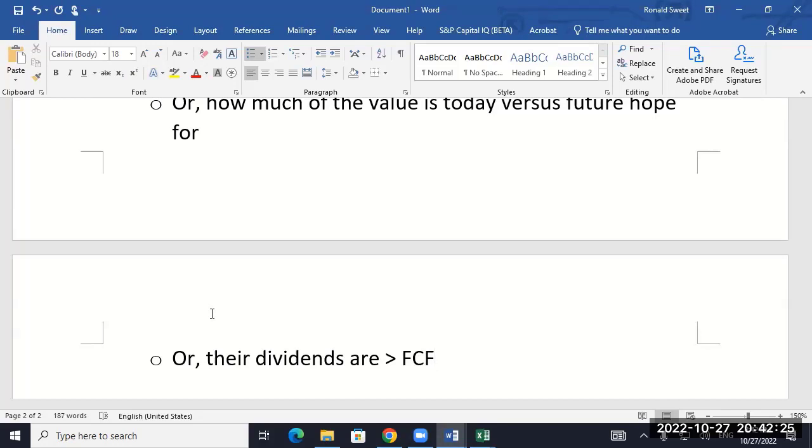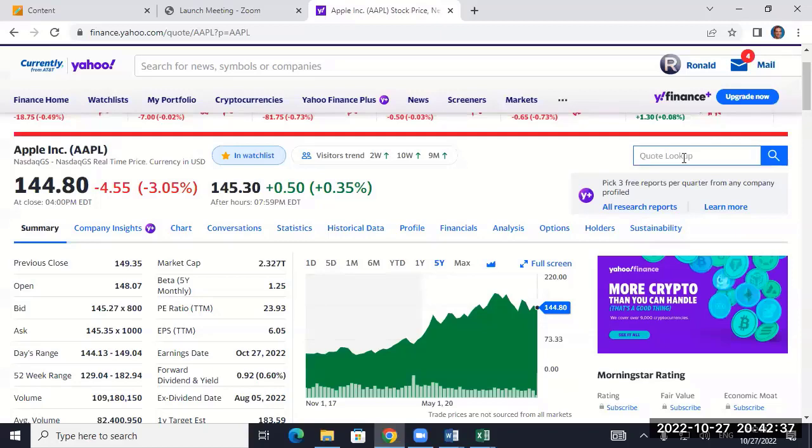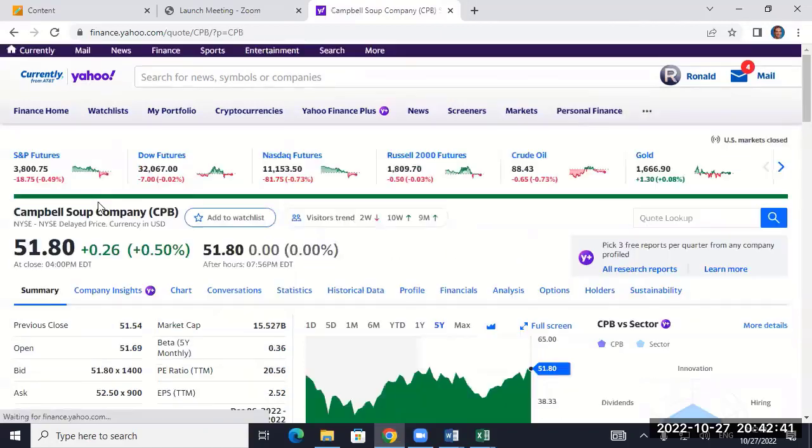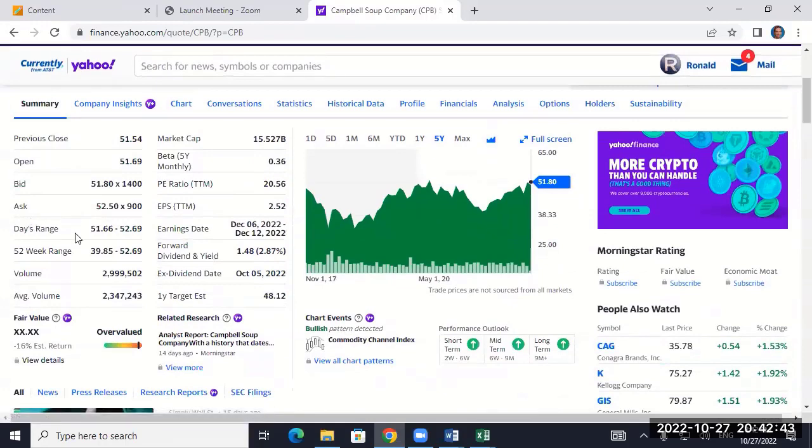So if you get a firm with a valuation where this valuation is greater than the value you're getting from the dividend discount model, that could be the case for, I think, even Campbell Soup. Let's look at it. It's been a while since I looked at them, but last time I looked, it was very, very interesting. Let's see if that's still the case. Not quite, but you will see firms where their earnings per share is actually less than their dividends. So when you do that, you can get some strange answers.